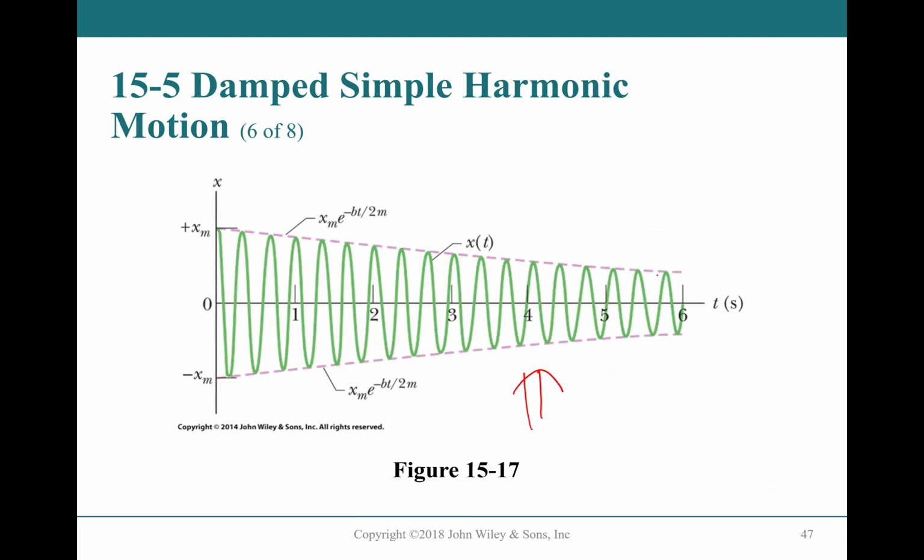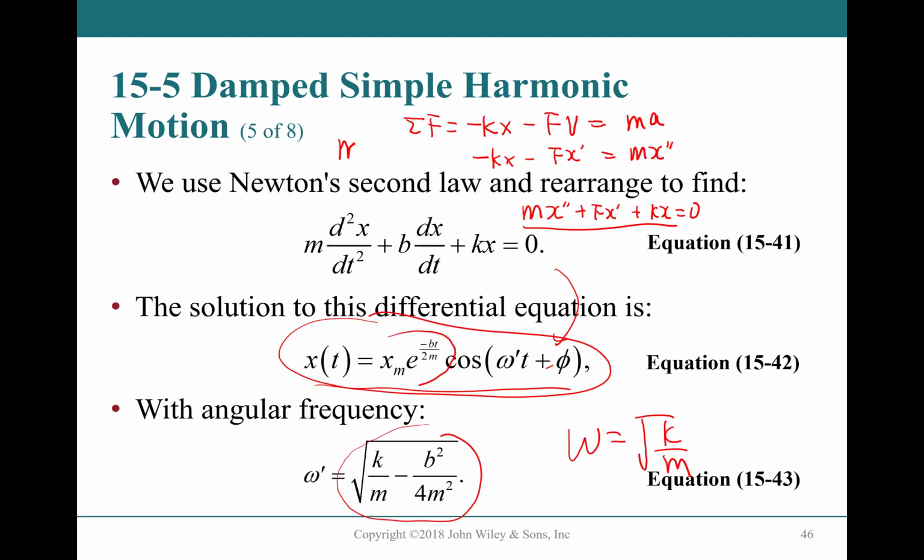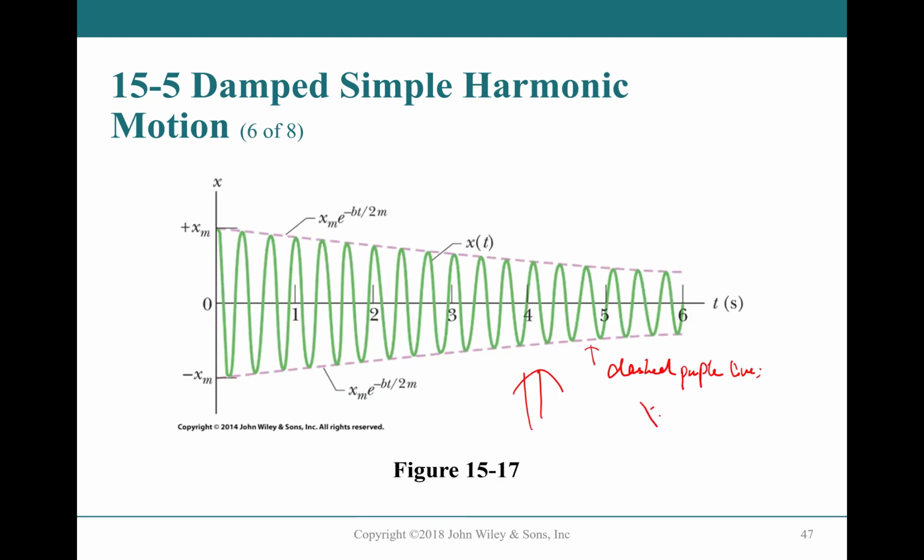The amplitude decreases. You see this dashed purple line here, a function that looks exactly like the coefficient in front of the cosine function, which is xm times e to the power of negative bt over 2m.